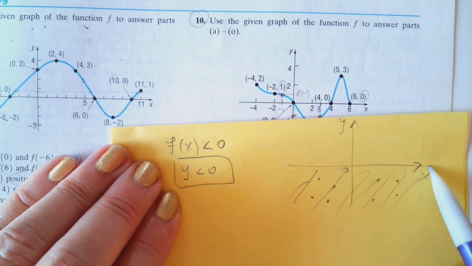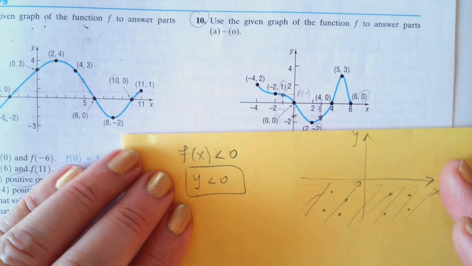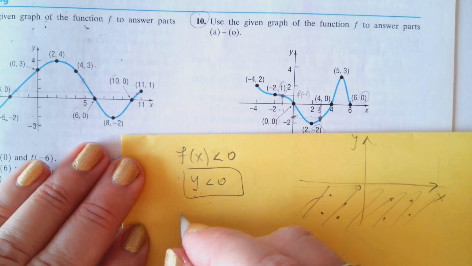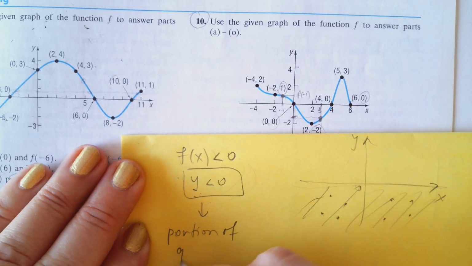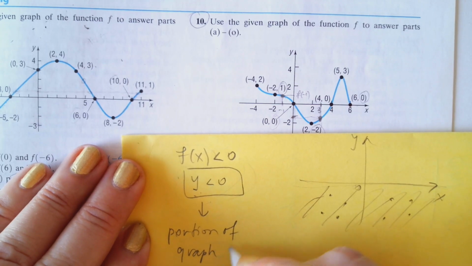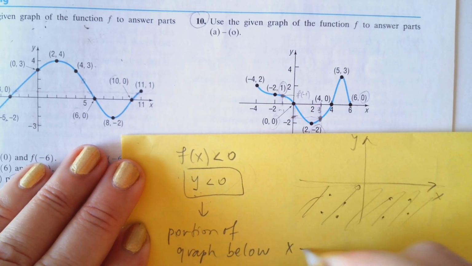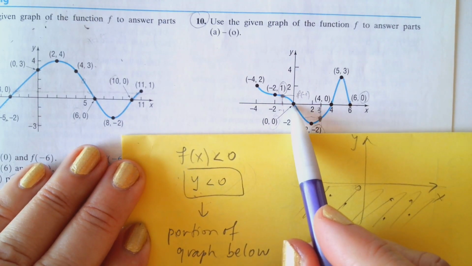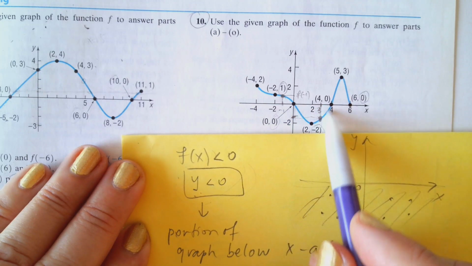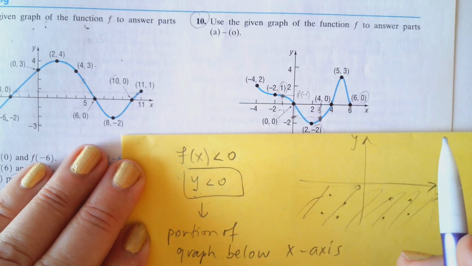So I'm looking for the portion of the graph below the x-axis. I want to see for what values of x that happens, the x coordinates of the points where f of x is negative.